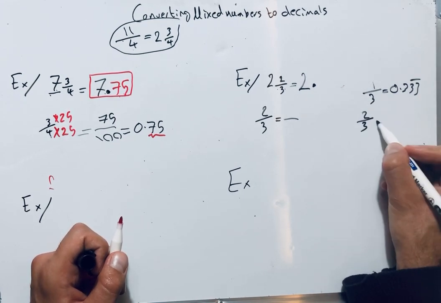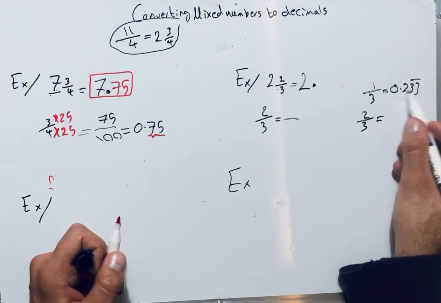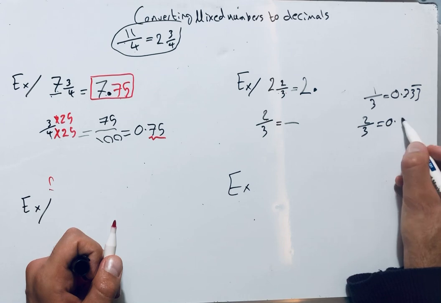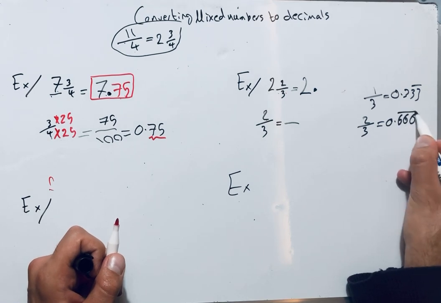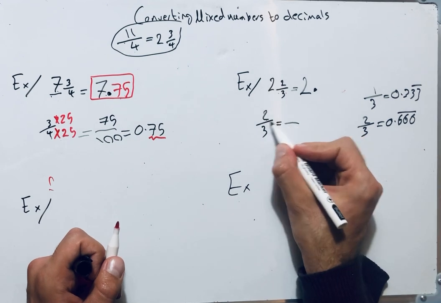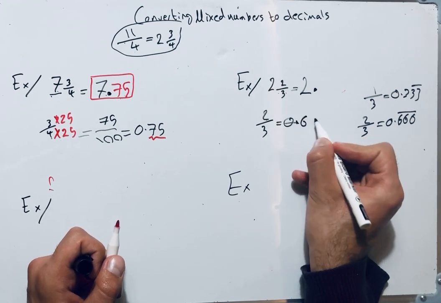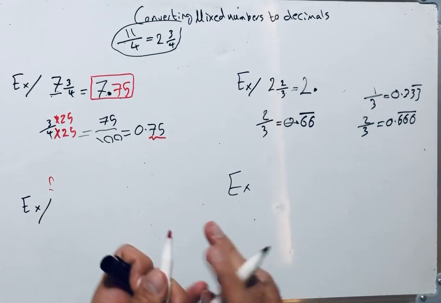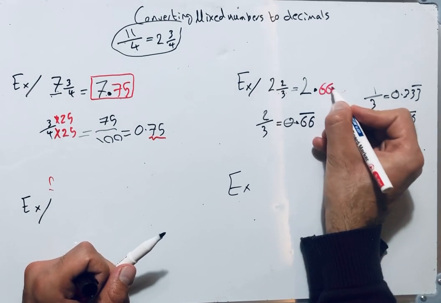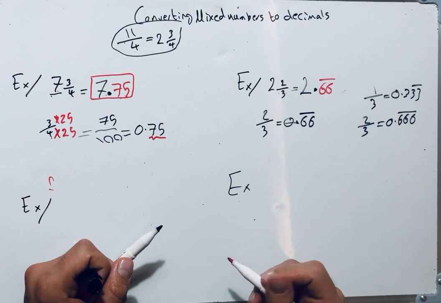Multiply each digit by 2, so 3 becomes 6, 6, 6, and it goes on forever. So this fraction is simply 0.66 repeated. You can just copy this, 6 repeated.